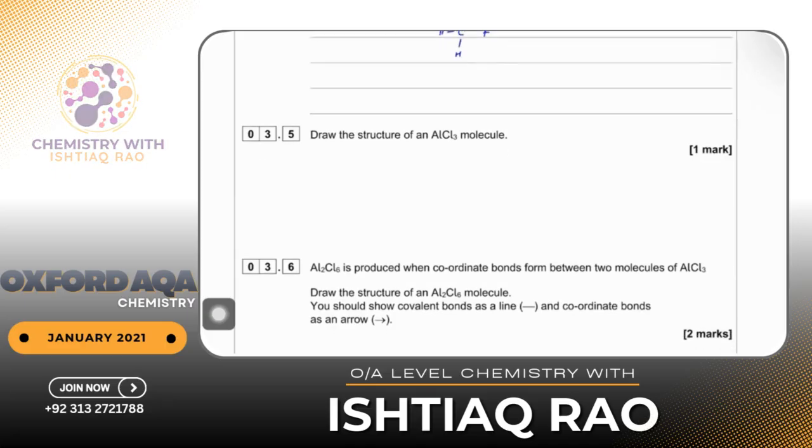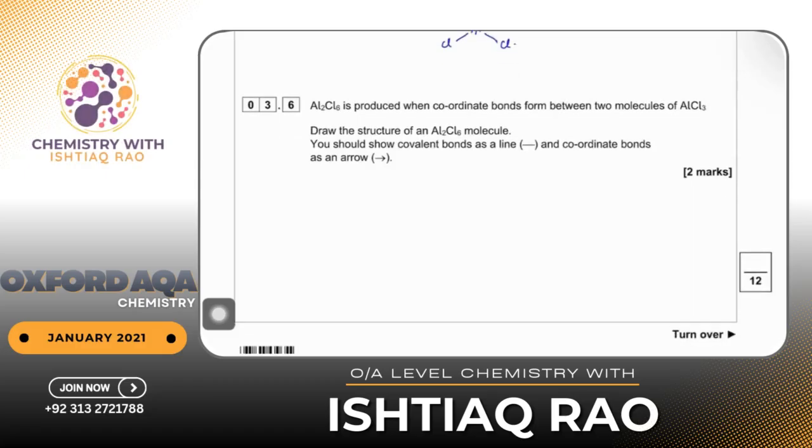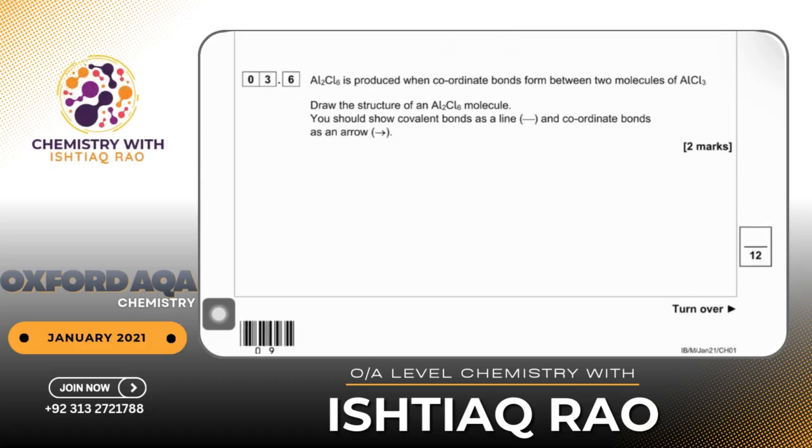Draw the structure of AlCl3. It's trigonal planar. You know why? Because there are three bond pairs and zero lone pairs. Okay, so they're asking for the dative covalent bond. It would be like that.